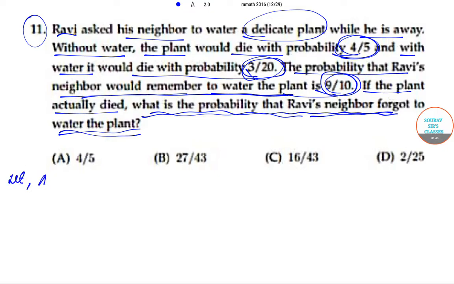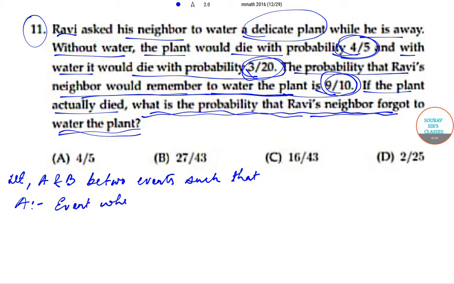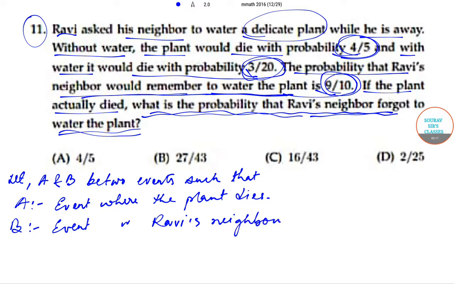Let A and B be two events such that the event A will denote the event where the plant dies, and the event B will be the event where Ravi's neighbor remembers to water the plant.